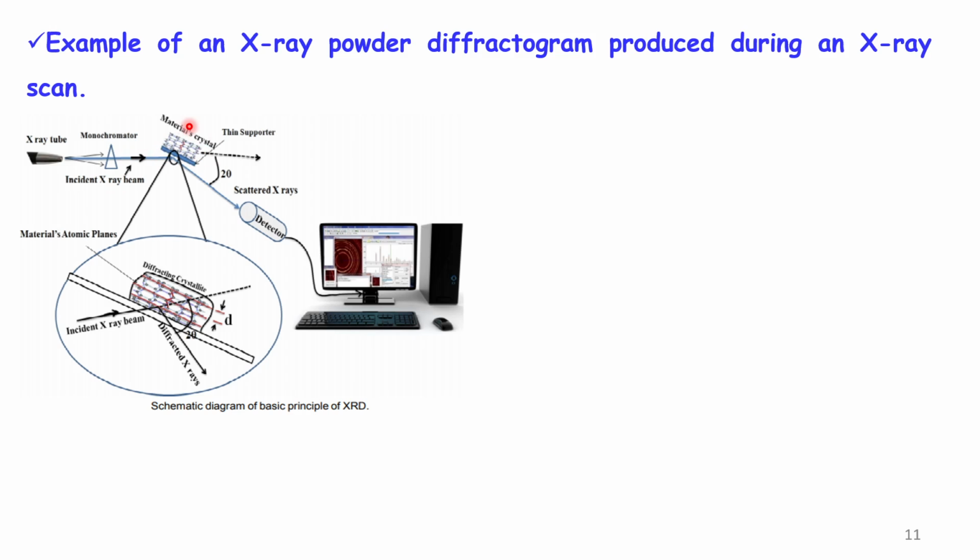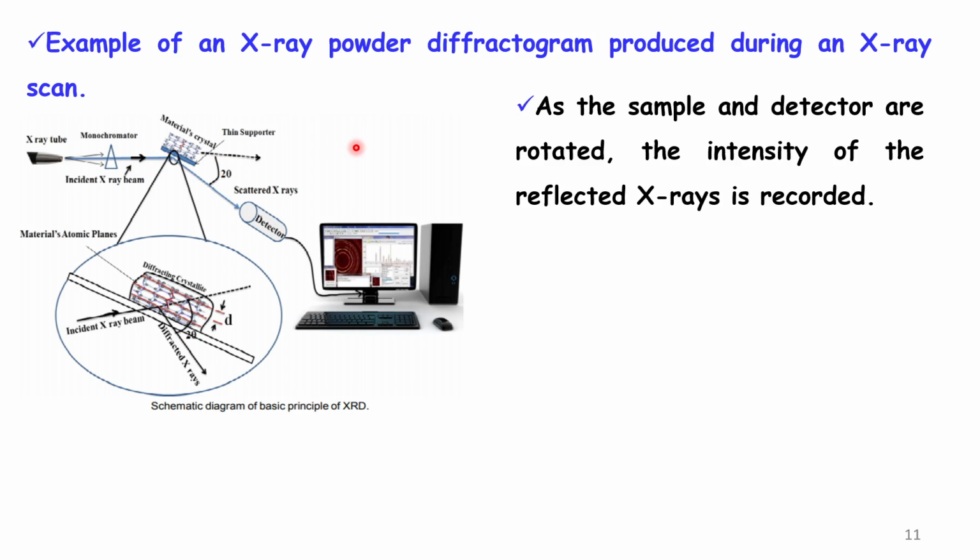It consists of a number of tiny crystals, and when the beam is incident on this powder material, it gets diffracted, and this diffracted beam is recorded using the detector. Here we can record the diffracted pattern on the photographic film also, or we can record the intensity of the diffracted beam by using a suitable detector.